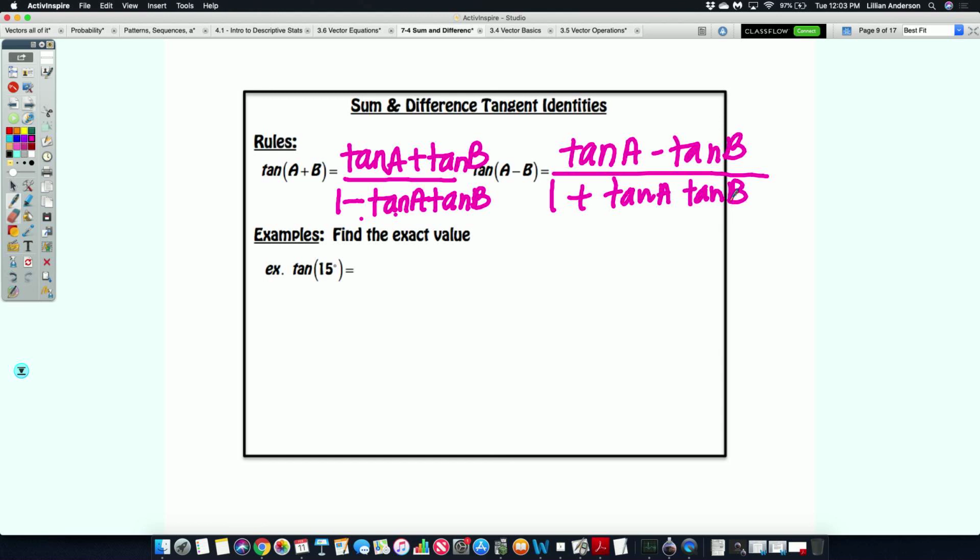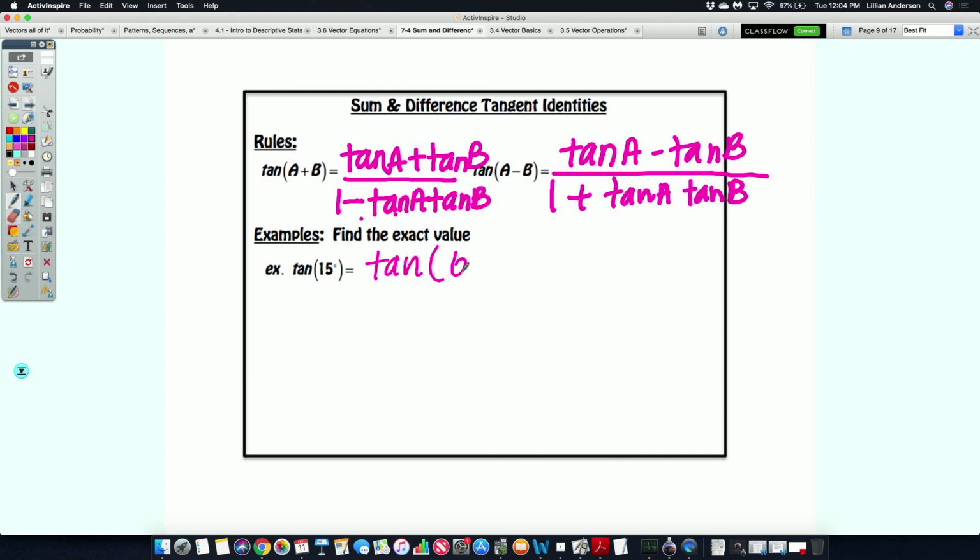You notice we only have one example because these are the doozy ones. If you have any type of radical in your denominator, you're going to have to rationalize. So go ahead and think: my angles that are going to give me 15 degrees. We are going to use 60 and 45.